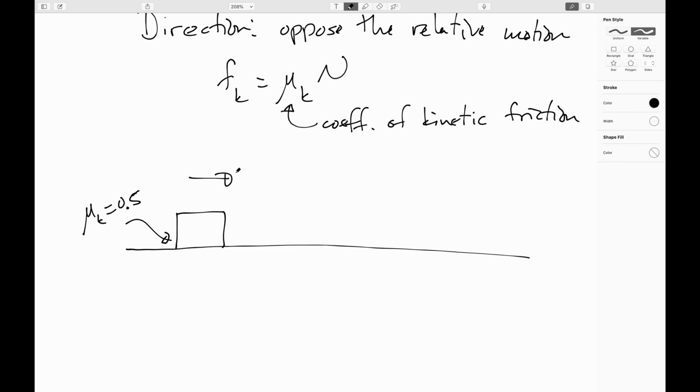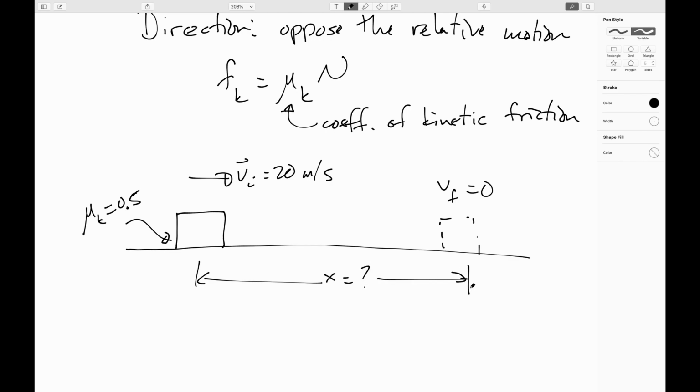Let's say it's initially going at 20 meters per second, and it eventually skids to a stop over here. And what we'd like to know is how far does it slide? So again, we can do our same trick here. We can set x initial to be 0 and say that this really amounts to solving where x final is located.